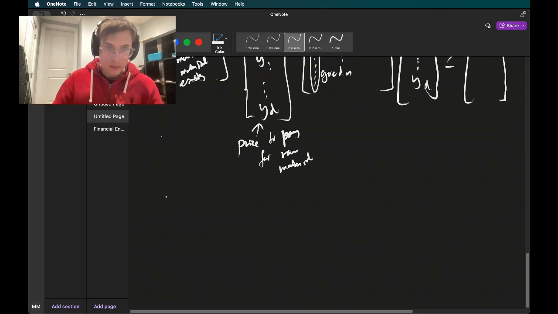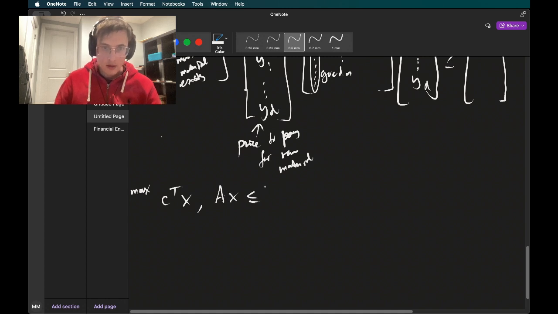So let's suppose we have a linear program that's this. We're trying to maximize c transpose x given that Ax is less than or equal to b.